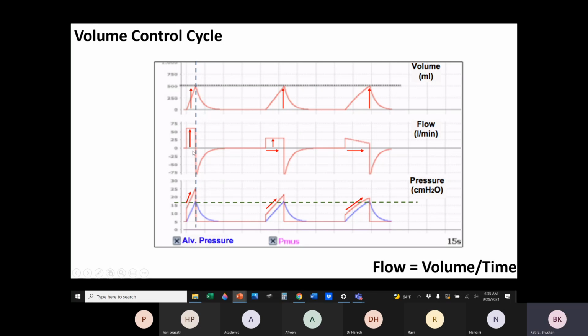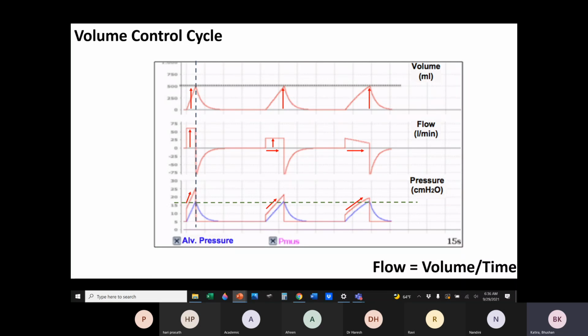And you see in this example, because the tidal volume is the same, it is for a longer period with the flow decrease. The alveolar pressure is actually the same. This is to give you an idea that the way you set the ventilator will determine the difference between the peak airway pressure and the alveolar pressure. Which is to say, the higher the flow, the more the difference between the peak airway pressure and the alveolar pressure.